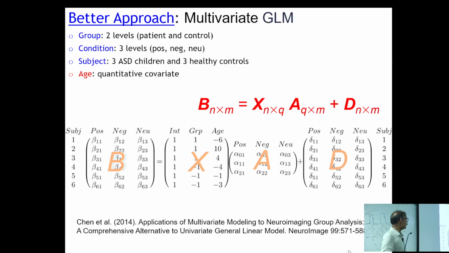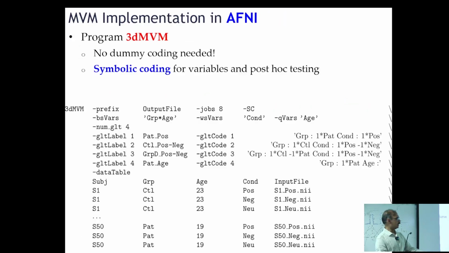So in this case, what you are able to do is that you can also model the age, right? So then if you want to see if there is a difference with age, you can easily test for that, right?